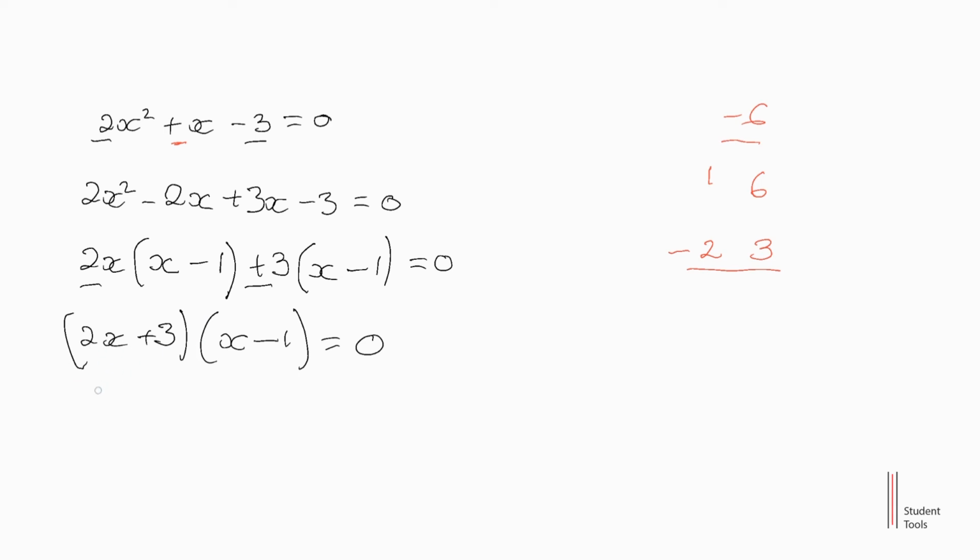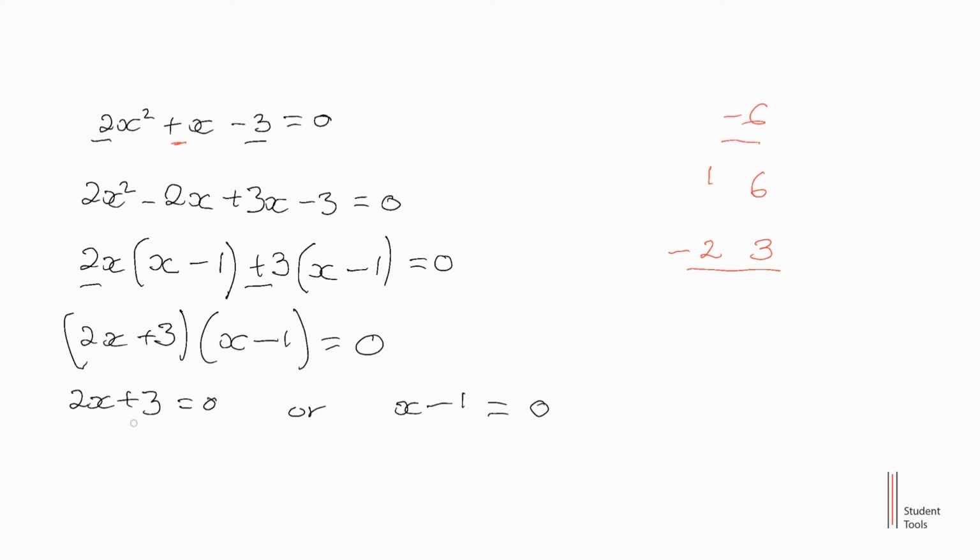So the first bracket, we have 2x plus 3, so we'll have 2x plus 3 equal to 0, or x minus 1, which is the second bracket, and have it equal to 0 as well. The next step here is to make x the subject of the formula. So how will we do that?